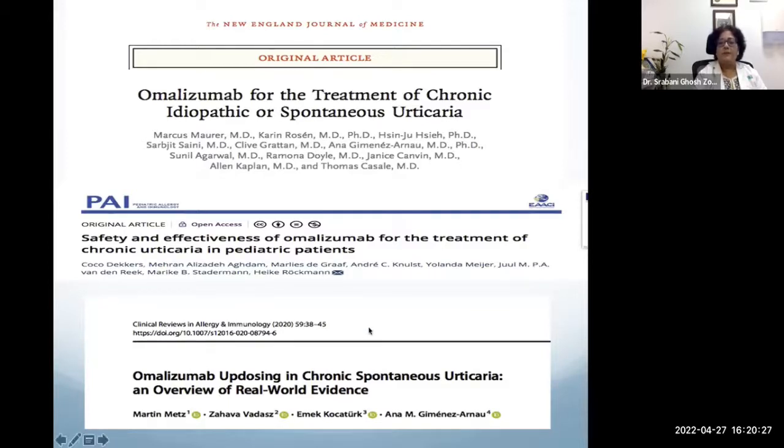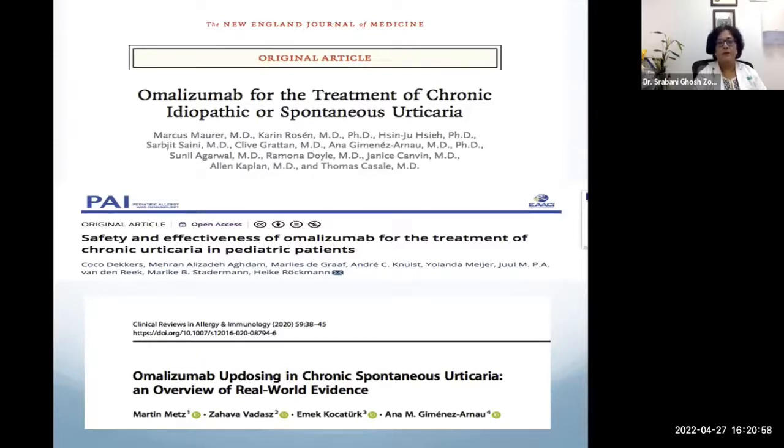And unfortunately, there are patients who don't respond to omalizumab, especially patients who are overweight, who have been treated with cyclosporine, or patients who have low IgE. These patients tend to be resistant to the normal dose of omalizumab, and it has been found that updosing of omalizumab to 450 milligrams, or giving 300 milligrams twice daily, can actually give you the desired results.